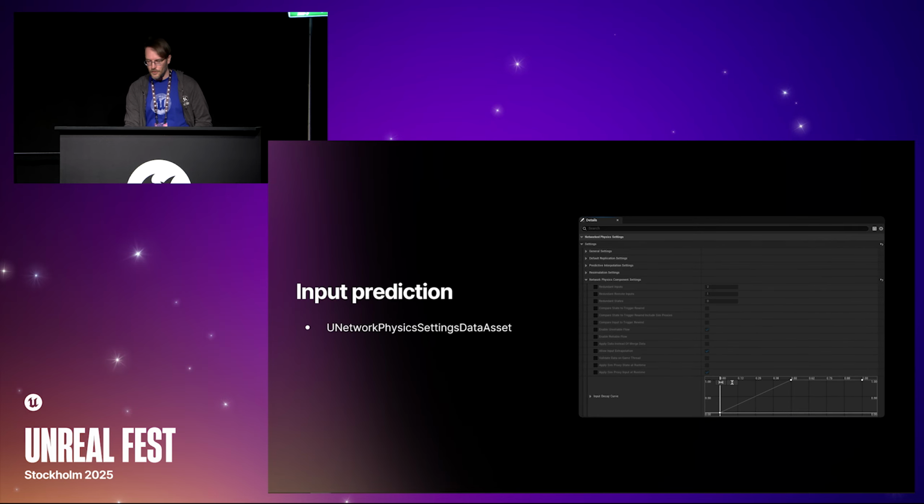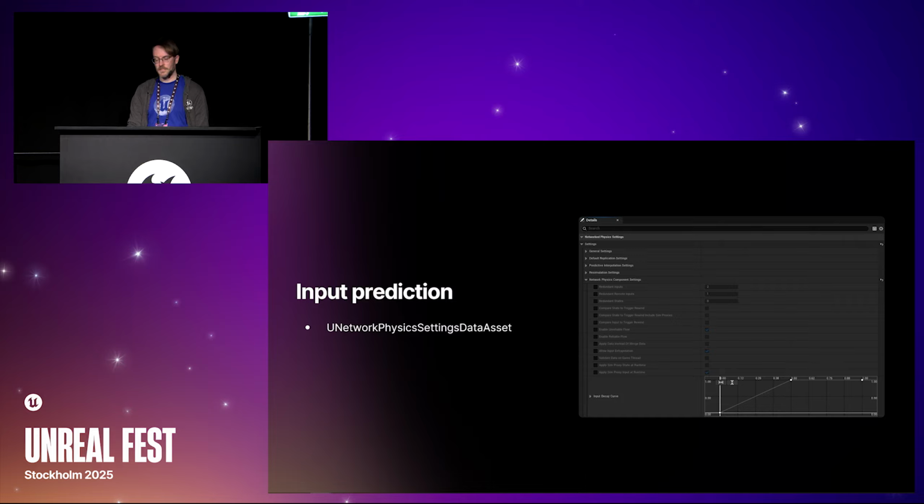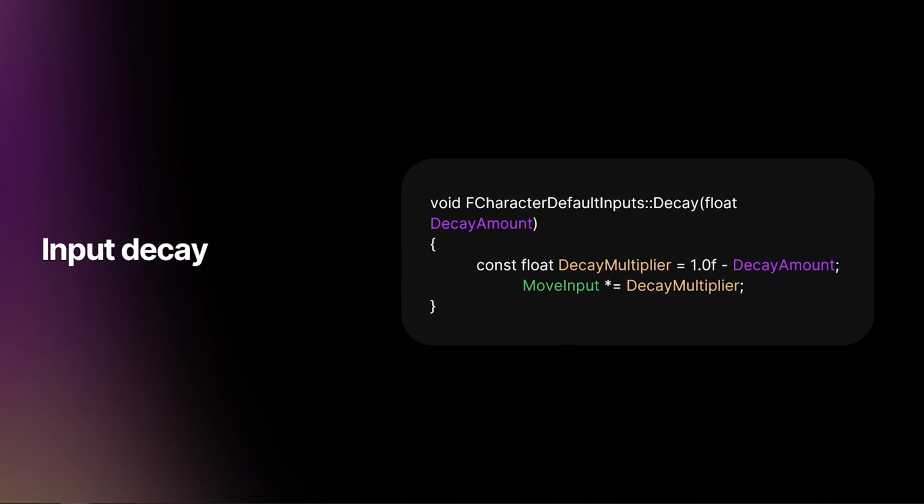The input decay curve, first off, can be set via the Neprophysics settings data asset. And it's the one at the bottom currently, or rather by default, it's just three dots on the curve. And that works for many parts, but you might want to alter it if you have something more specific to balance.